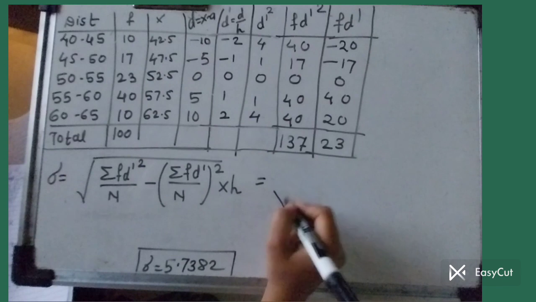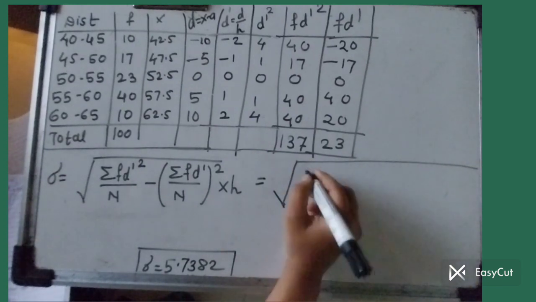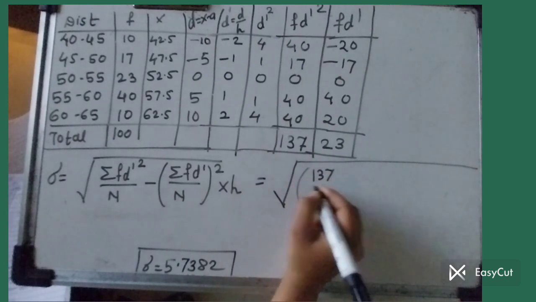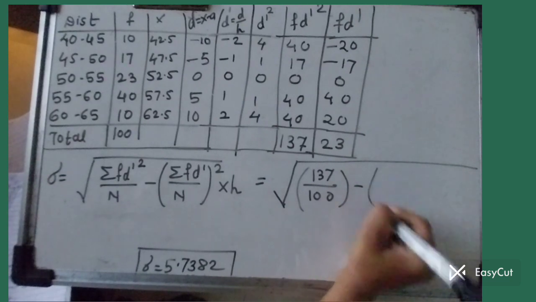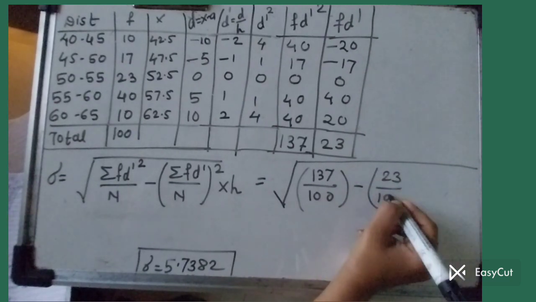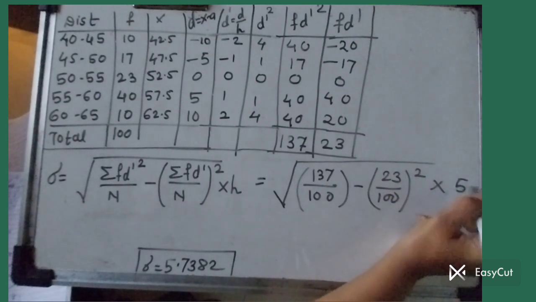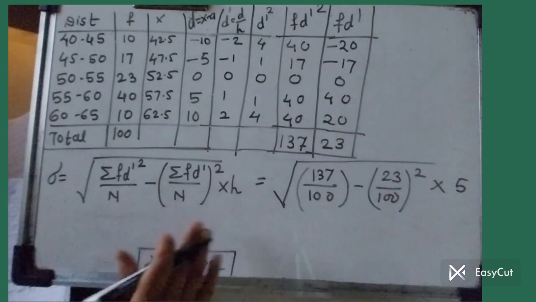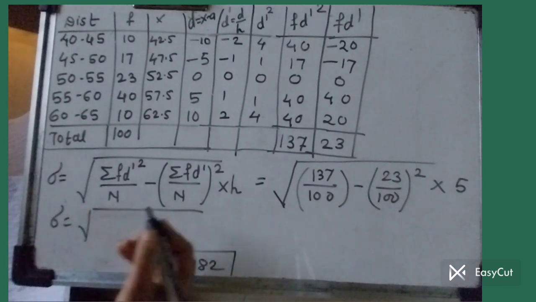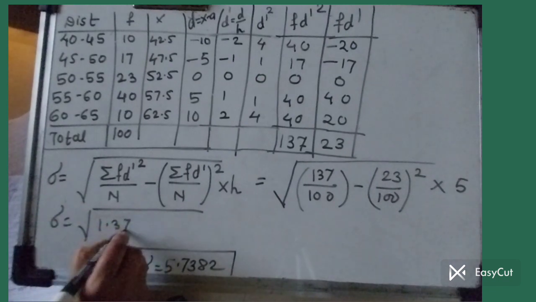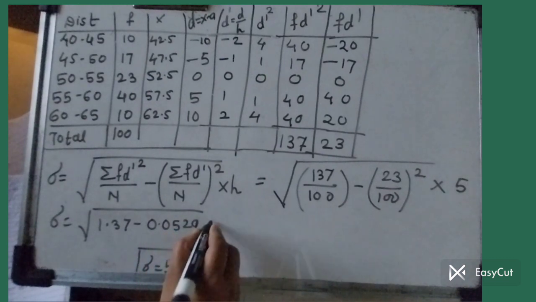Put all values in the formula. I write here: 137 upon 100 minus bracket 23 upon 100 bracket square, into 5. 5 is outside the root. Here sigma equal to under root 1.37 minus 0.0529 into 5.